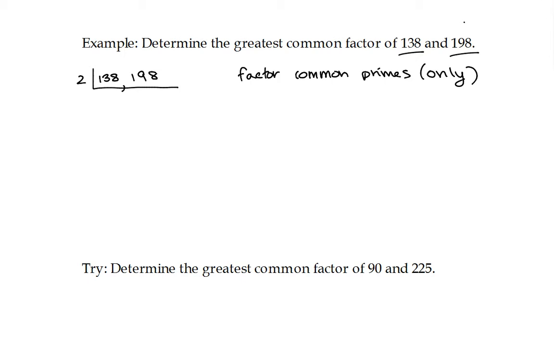So divide out 2 out of both. What do you get? 69 and 99. Now those two values won't divide by 2, will they? What's the next number on the list? See if 3 works. Here I got 23 and then 33. Now, can I keep going on this?